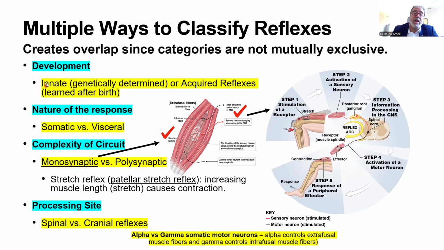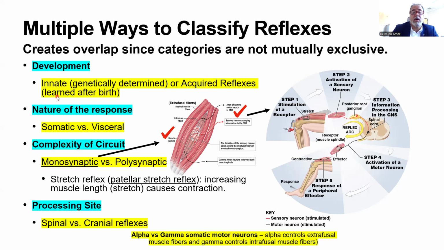If it's innate, it's genetically determined. You're born with a specific reflex and you don't have to learn it, but acquired reflexes are learned after birth. You need to know that for the exam.